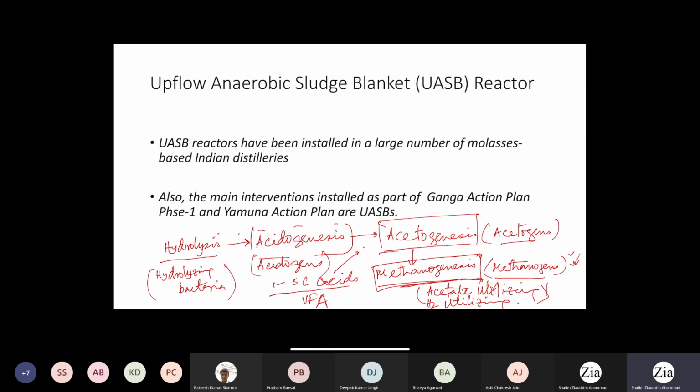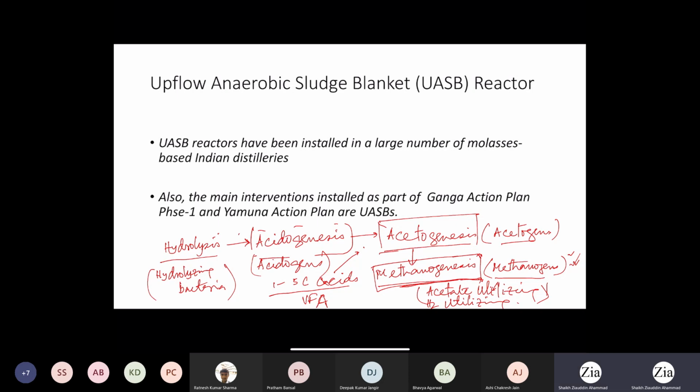Now, the USB reactor is one of the most widely used anaerobic reactors for treating different kinds of wastewater. So in India also, initially they planned to have this USB reactor installed to clean the Ganga river.